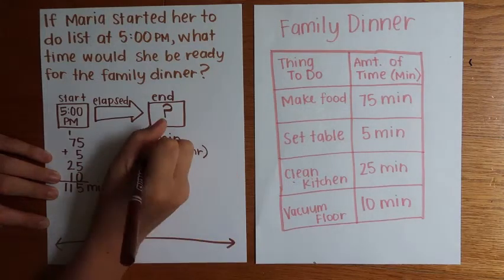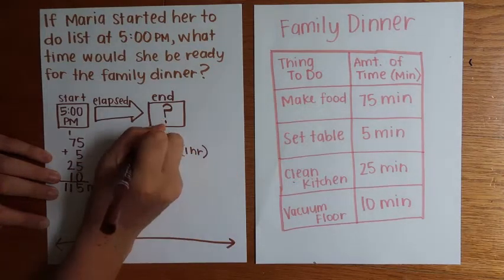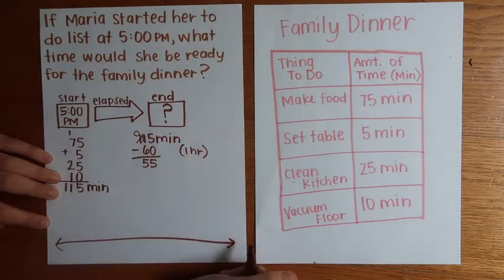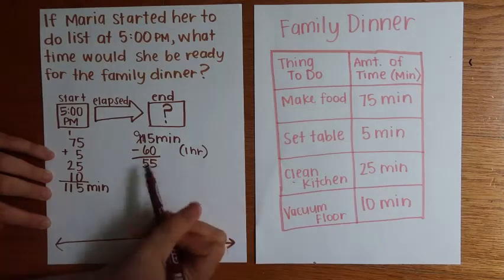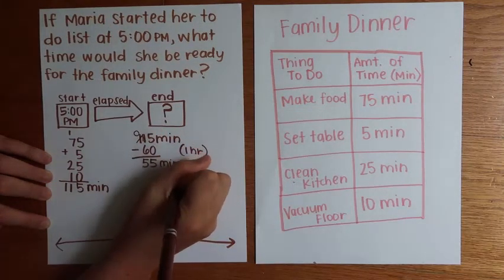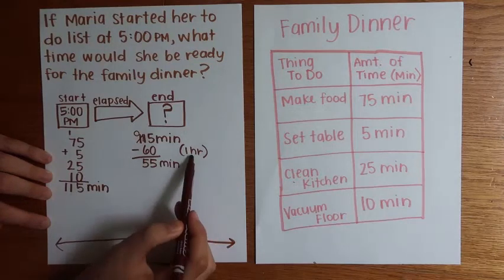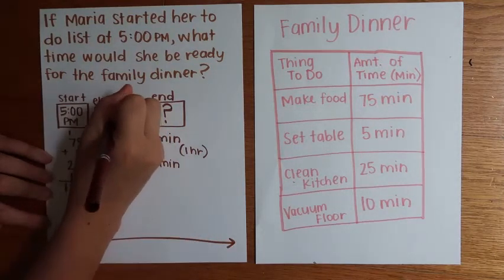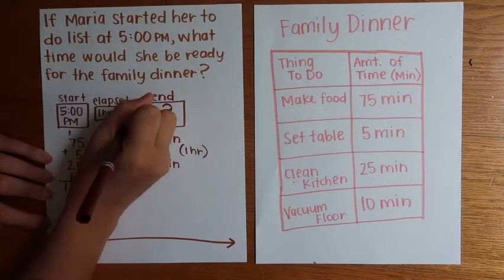I know I could do that, so I've gotta borrow 55 minutes, and that's not going to be quite another hour. So that means that my total elapsed time is 1 hour and 55 minutes. So I can write that in here, 1 hour, 55 minutes.